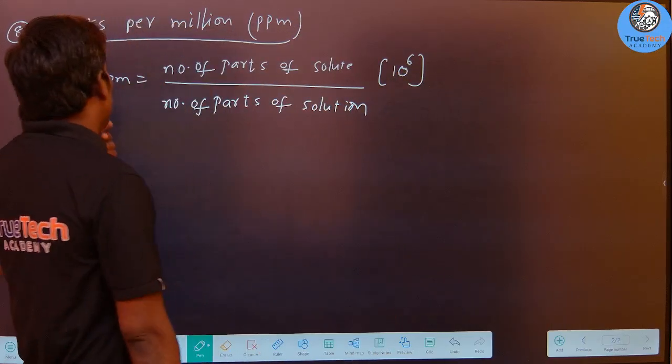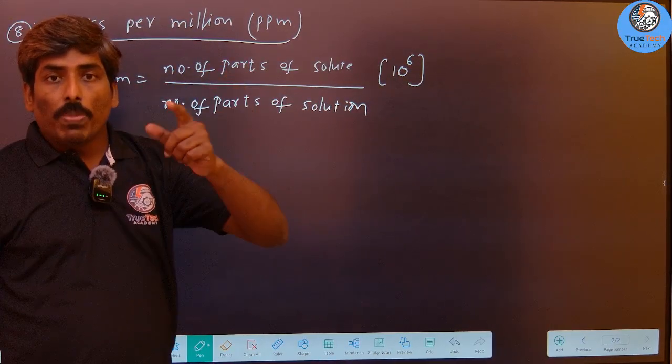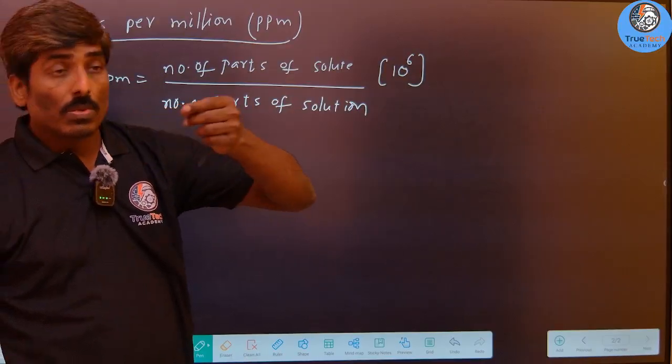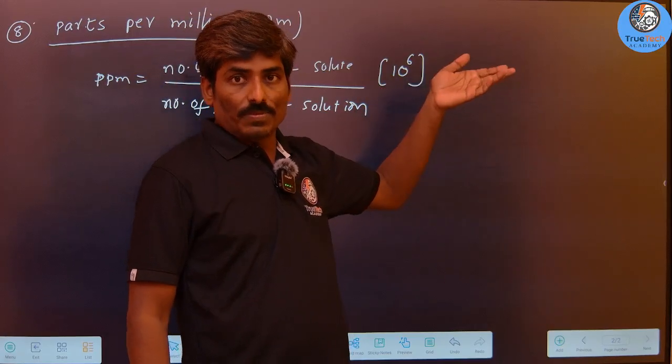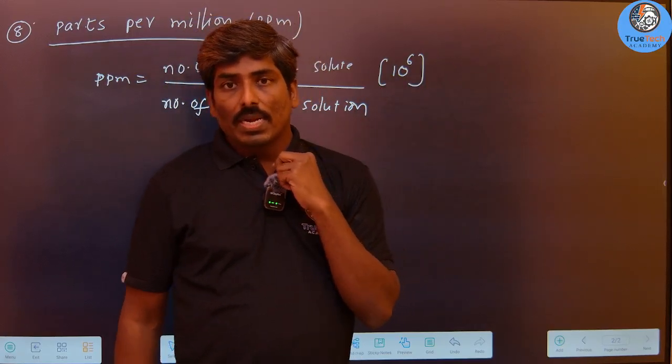So please try to see, it is parts per million, so because of million, we take 10 power 6.